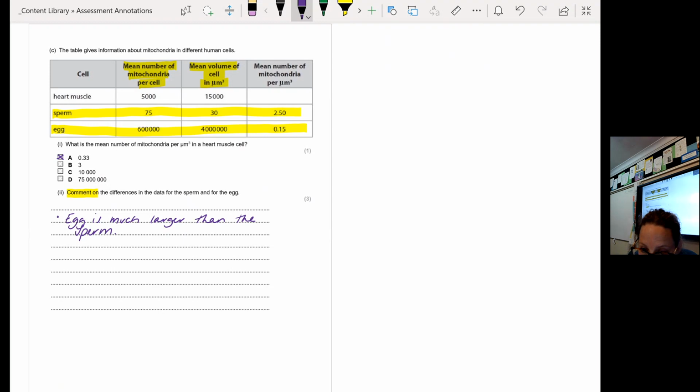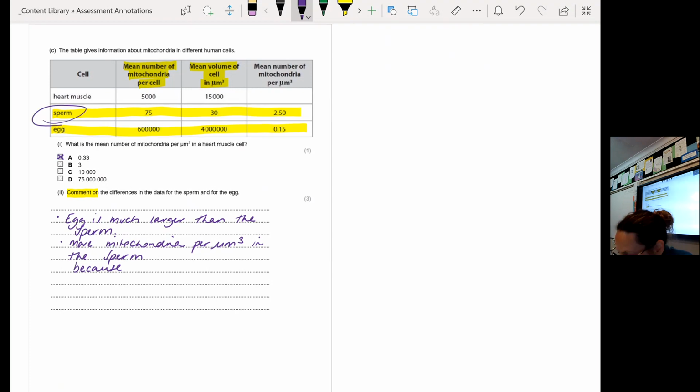I can also say that there are more mitochondria per micrometers cubed in the sperm, because if you're thinking about it, which one of these cells has to move?